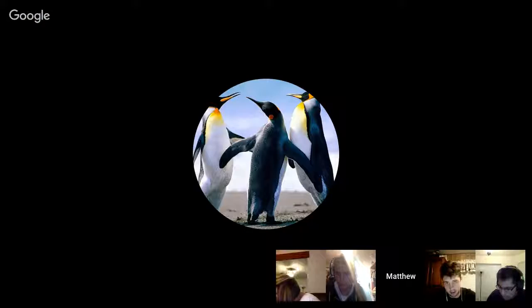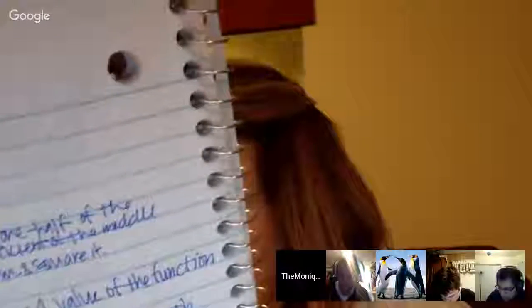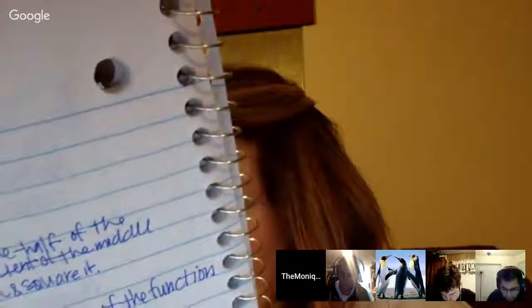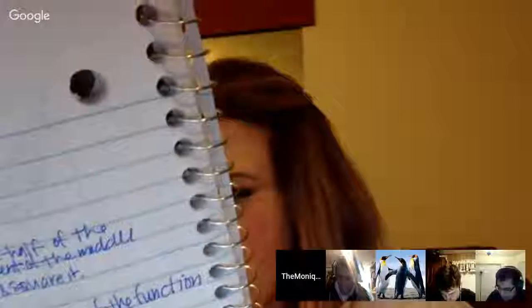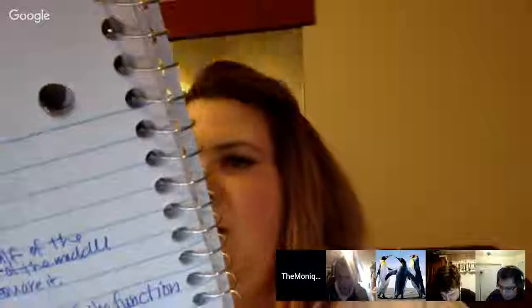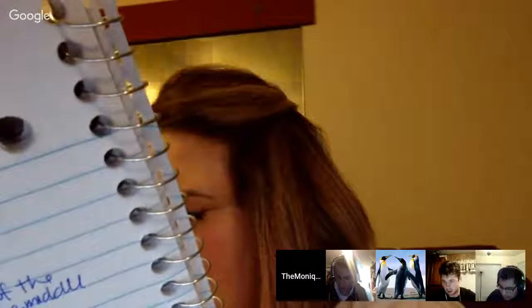Then to complete the square, it's 1/2 of the coefficient of the x term and then square it. So 1/2 of 4/3, and then square it. So it'll be 2/3 squared. So 4/9.